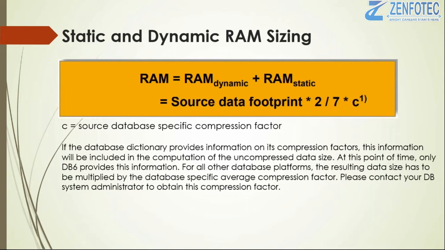If you don't have it, or if they don't know, then simply put 1. If you put 1, the value stays the same. If you get the compression factor, it will calculate the accurate memory. So you have to ask for the compression factors from the DB team.